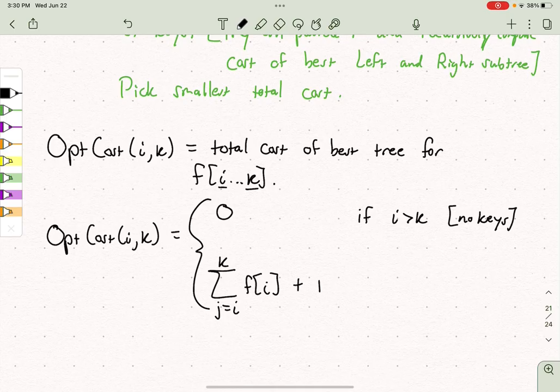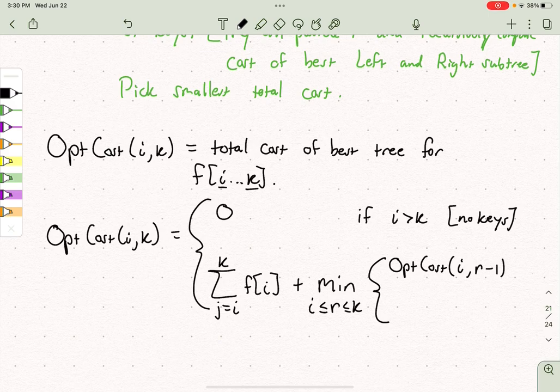And then we're going to try all possible roots from I to k, and pick whichever root gives us the minimal total cost. So in particular, the cost is the sum of the left and the right subtree. So this is going to be opt cost I r minus 1 plus opt cost r plus 1 to k.